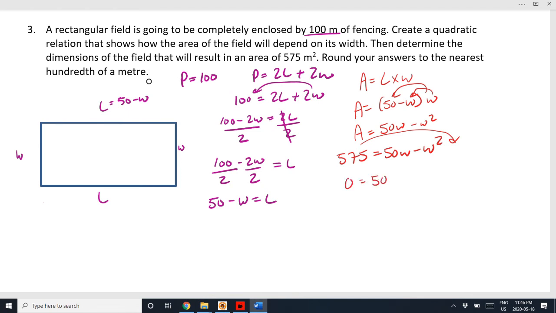We get 50W minus W squared minus 575. Okay, and we could rearrange this so it looks more like a quadratic. 0 is equal to negative W squared plus 50W minus 575.